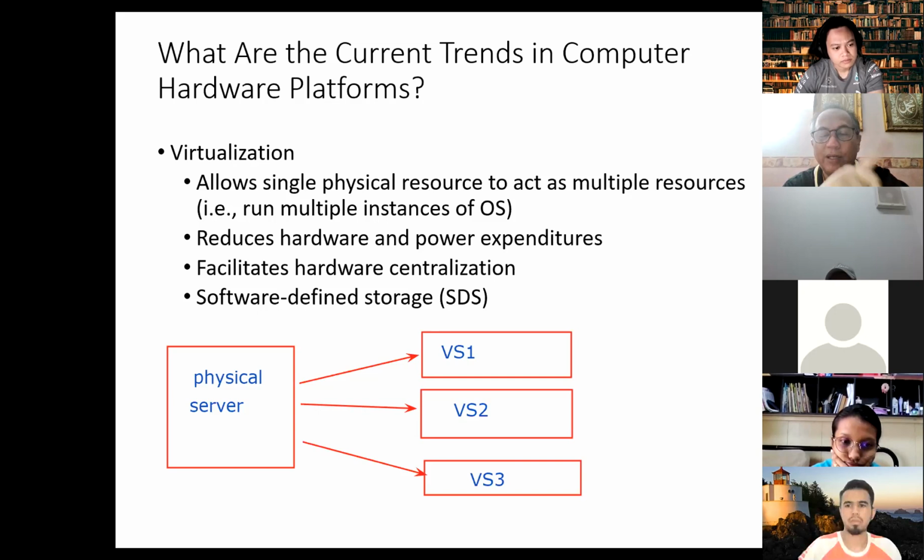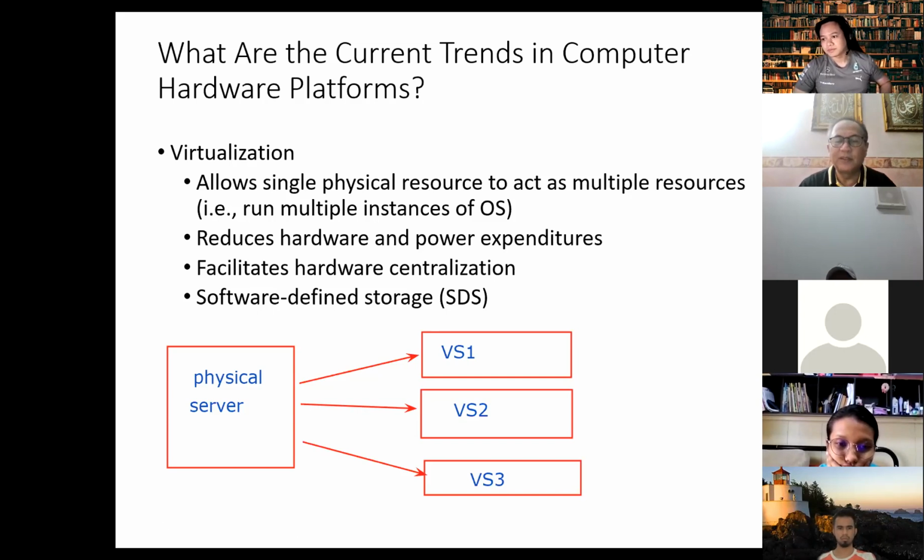So they only have one physical server. Of course, the size of each is smaller, maybe just about 10 gigabytes each, or 20 gigabytes each, or different sizes. Okay, any question?